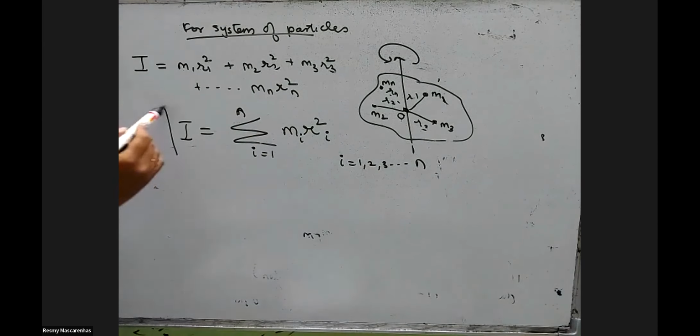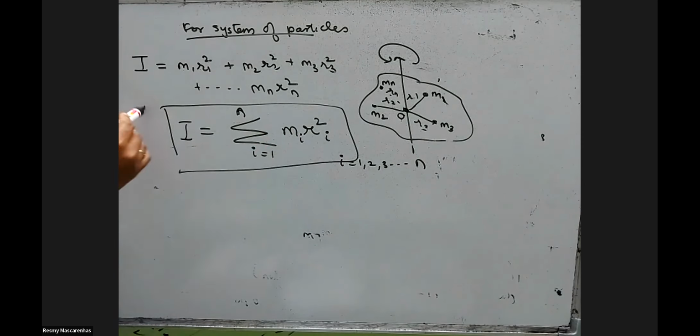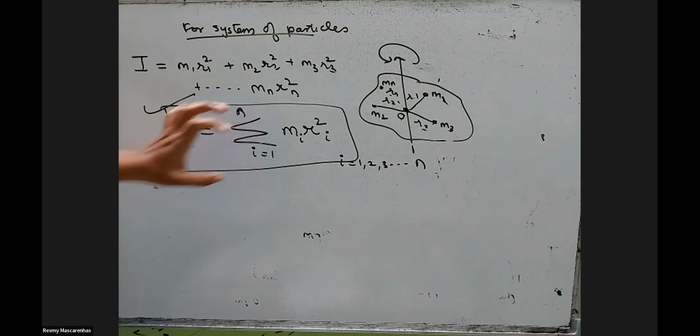So this is the actual formula for moment of inertia, which I had given earlier only with reference to one particle. But if asked what is moment of inertia, this is the main one. We'll see more in detail about this moment of inertia.